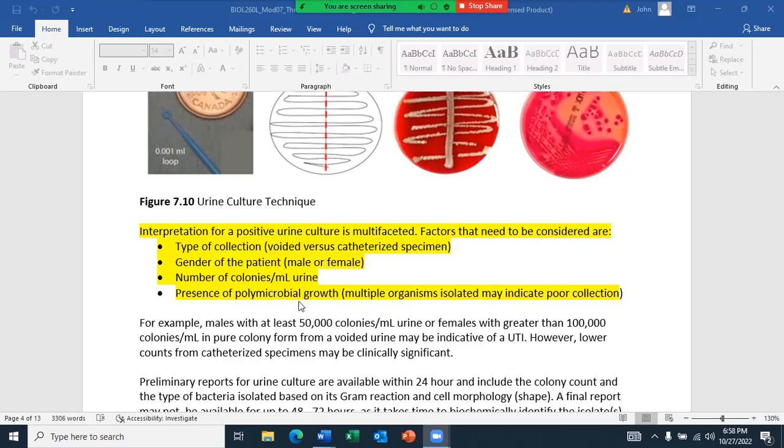But if there's little polymicrobial growth, meaning it's mostly one type of organism, it's probably a better collection of the urine sample. See here, males get fewer cells per mL than females. I don't know why that is, because you'd think the males have a longer urethra, that they would have more.